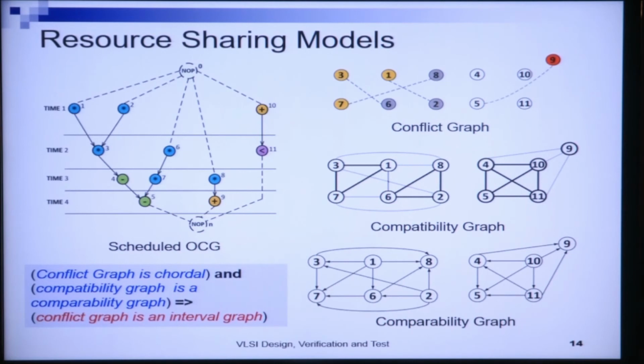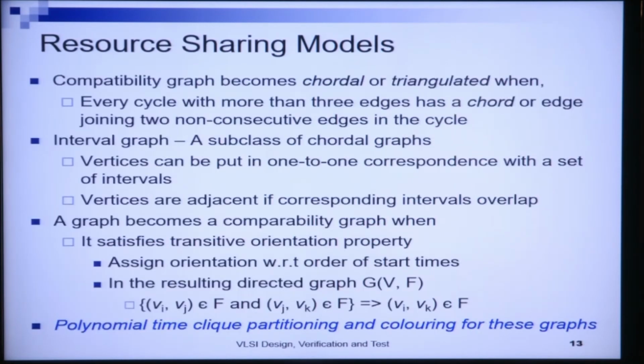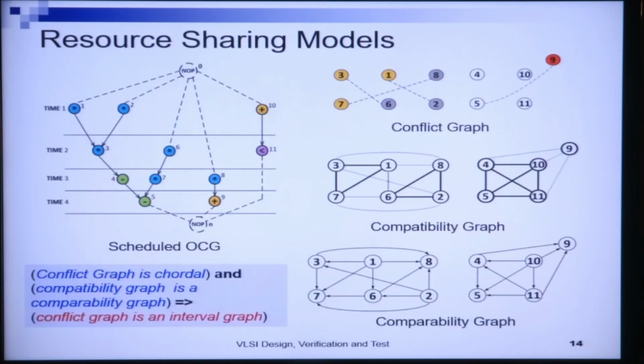Now, how can we get a sense of how to obtain this orientation? We can assign an orientation with respect to the order of start times in the operation constraints graph. Here we are putting an orientation from 1 to 6 because 6 starts after 1 in the operation constraint graph.